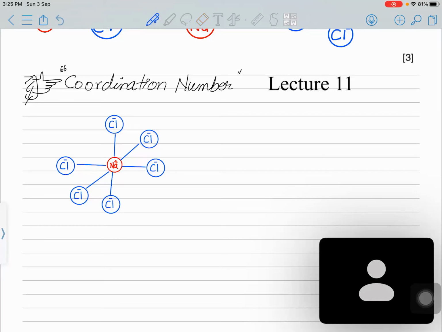So it is the number of anions surrounding a cation.